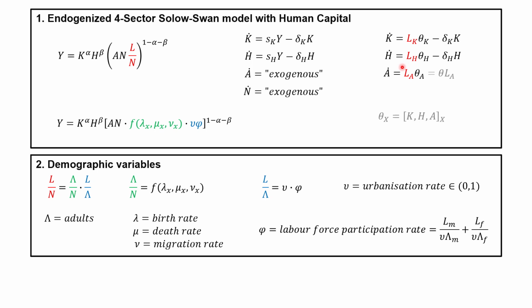Now we get to technology, and here we get our insight from the work of Paul Romer and his work, technology and endogenous growth, effectively labor hours allocated to producing technology multiplied by the productivity factor.